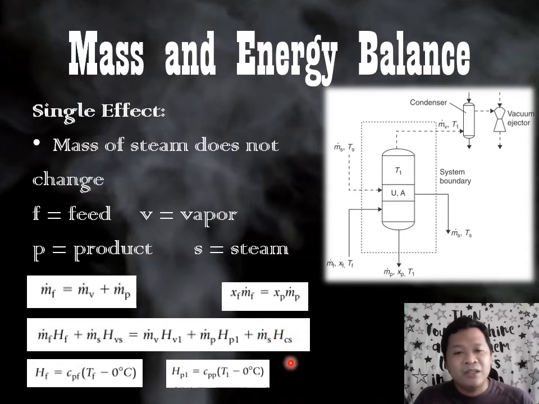So, saan natin gagamitin yung steam table values dyan? Dito, dito, and dito. So yung values ng enthalpy ng steam sa input, condensate sa output, and then yung sa vapor.